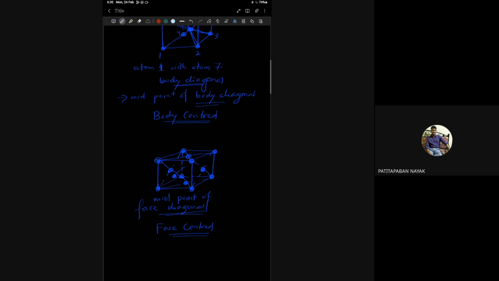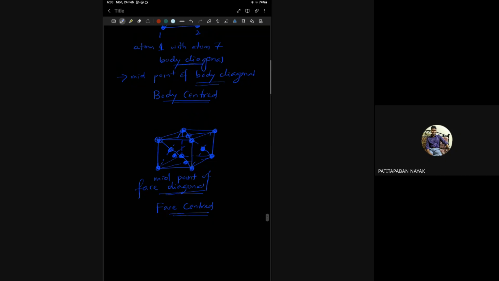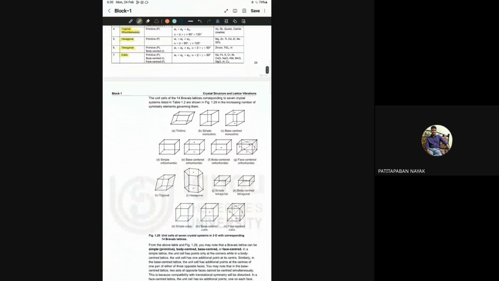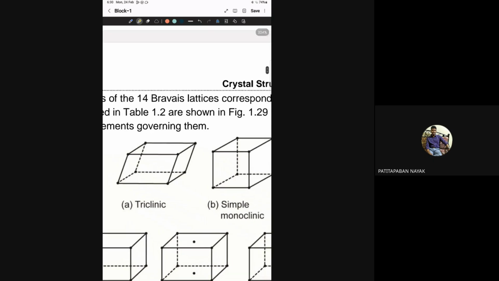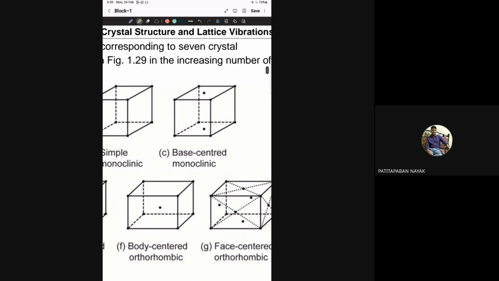All right. So here you can see actually how it looks. For example, triclinic, any general structure; simple monoclinic; base centered, as I was explaining, one atom here and another atom here, at the top surface and bottom surface.